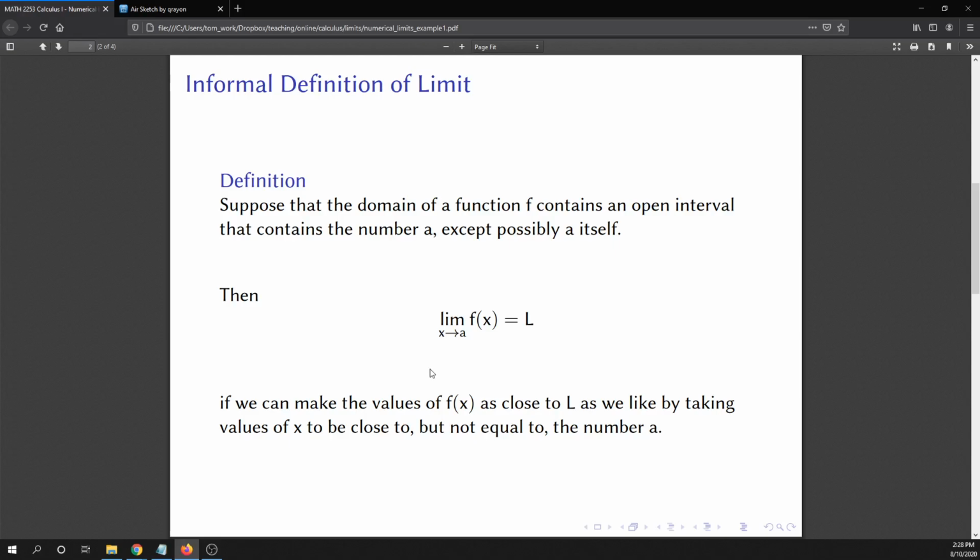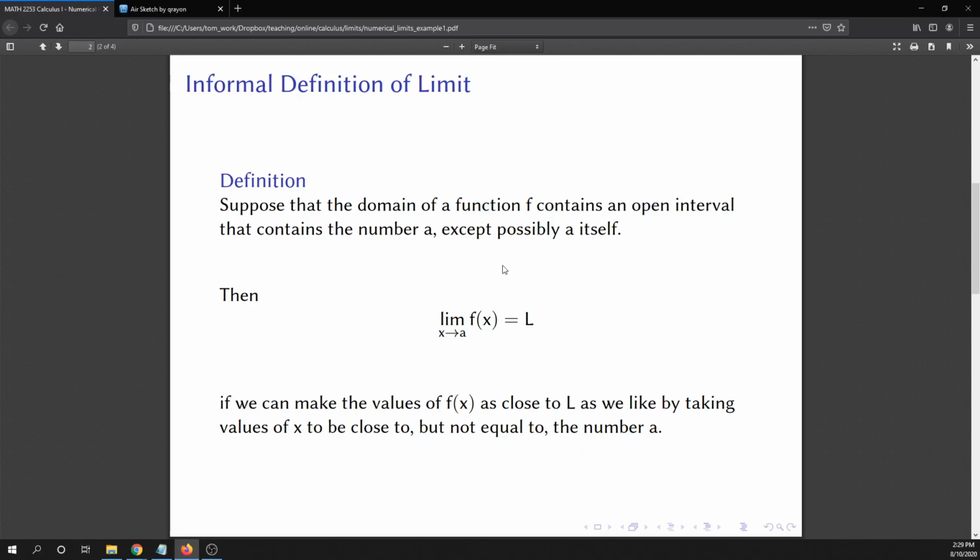What we would say is, if the values of x get closer and closer to a, when we plug them into the function f of x and get the y values, those y values get closer and closer to the number L. So the values of f of x can be made as close as we like to this number L by taking values of x that are very, very close to a, except possibly at the number a itself. Okay, that's the informal definition.